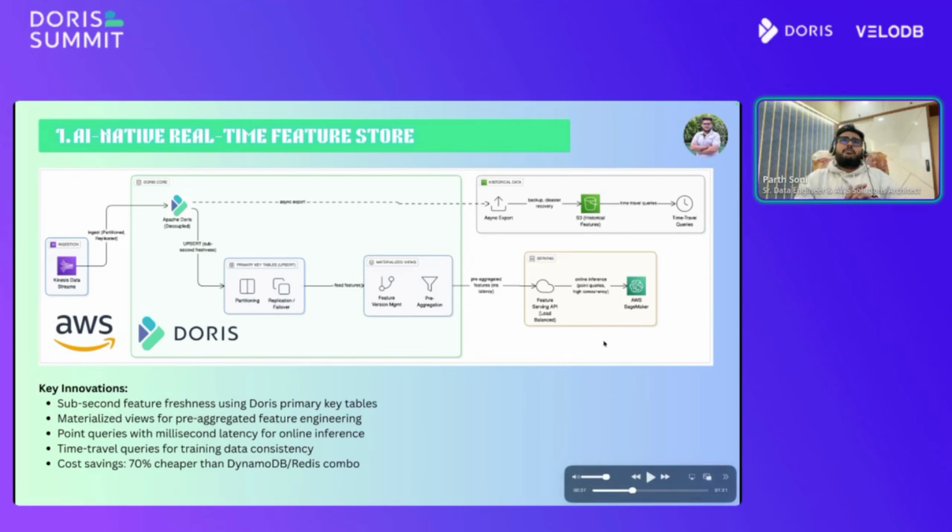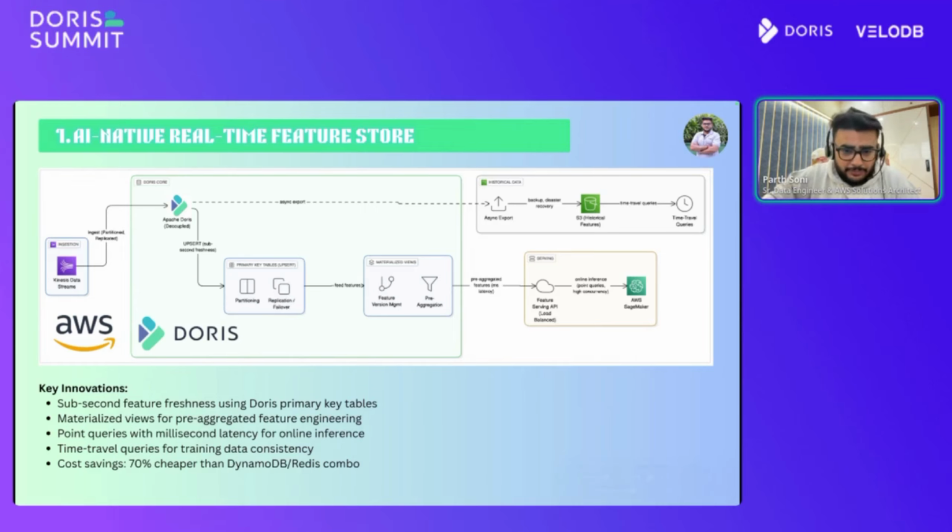Back when I started my first POC with Apache Doris, a migration from Snowflake to Apache Doris, I got to know a lot of features of what else we could do with it. So here is how I implemented it. First, Kinesis streams pour data into Doris at high throughput.